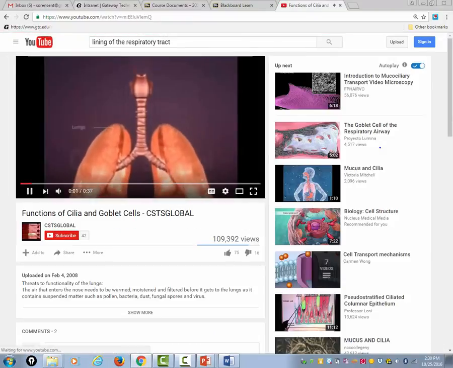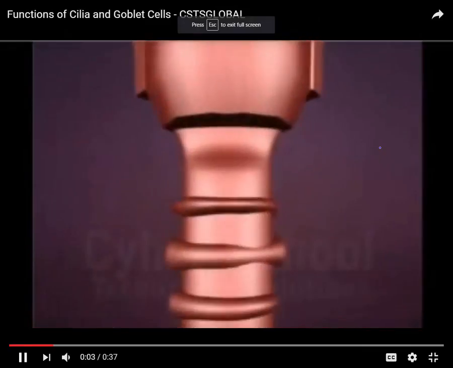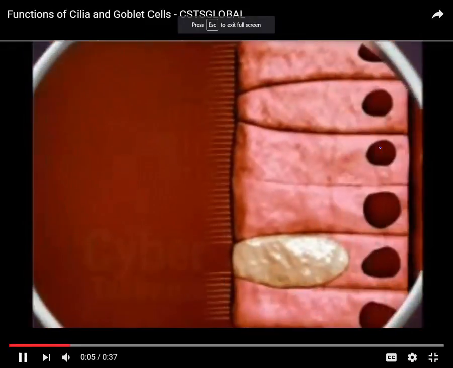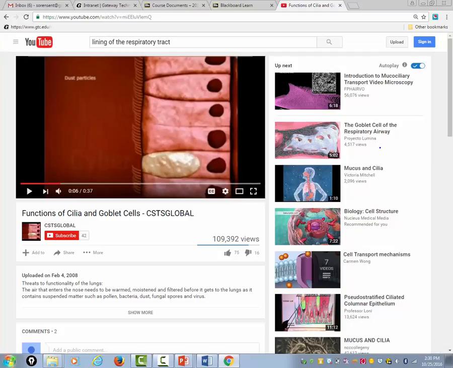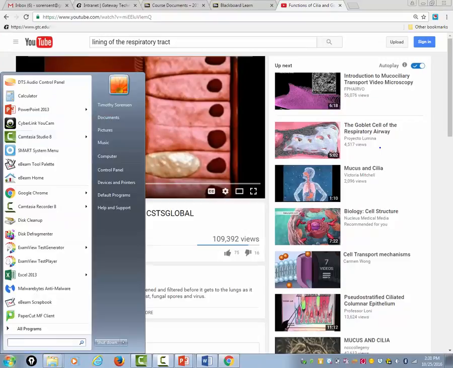All right. So remember that the lining of the respiratory tract is very vascular, and the cells that line it are simple columnar cells that are ciliated.